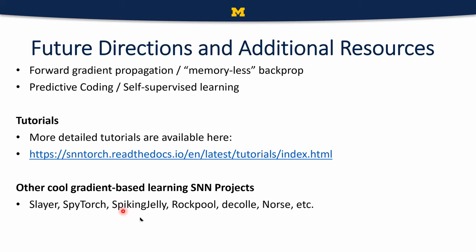Spiking Jelly, which came out of Peking University, I highly recommend checking that out. They're doing things like reinforcement learning, and they've integrated so many impressive features that are really worth checking out. Rockpool, which implements learnable delays, deep continuous online learning by Emre and Norse.